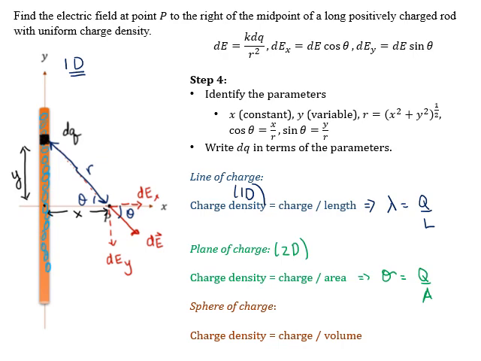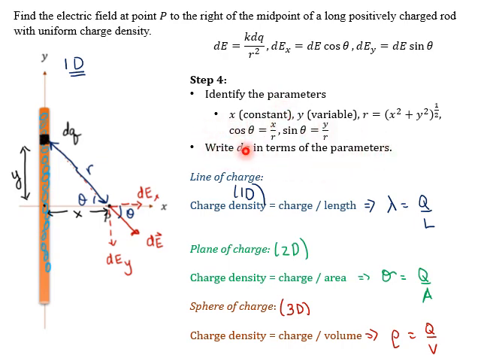If we had a sphere of charge or a box of charge, something in 3 dimensions, our charge density now would have a symbol of rho, Greek letter rho, so like a curly P, and it's the total charge divided by the total volume. This step 4 is a general step for any approach to any problem.